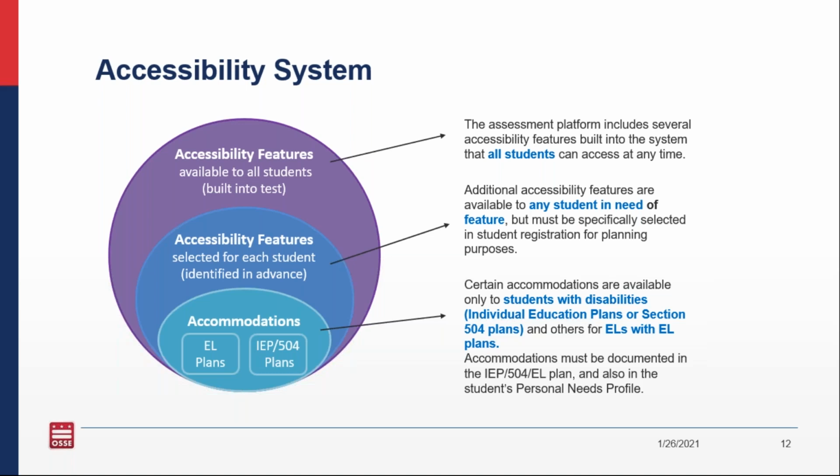We have our accessibility features that are pre-selected for specific students. These must be specifically selected during the student's registration. They must be identified in the PNP. And then finally, we have our accommodations for students with disabilities and English learners. These accommodations must be documented in the student's IEP, EL, or 504 plan, and should also be indicated in the student's personal needs profile.